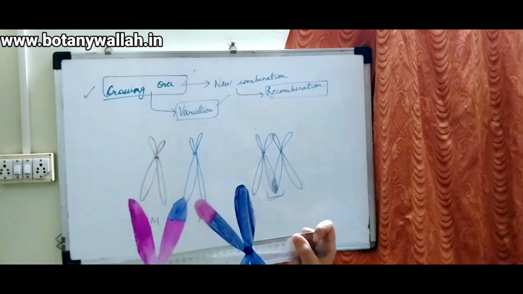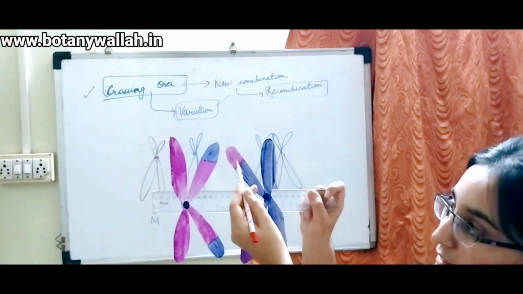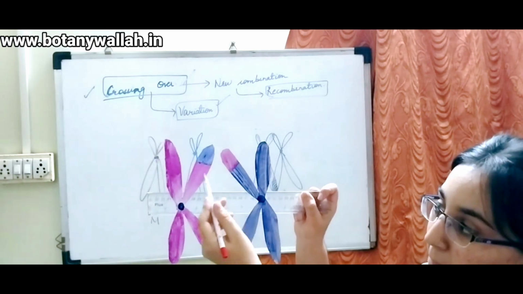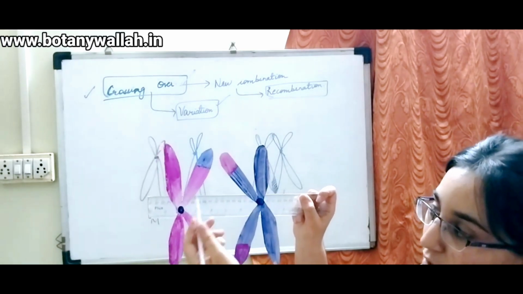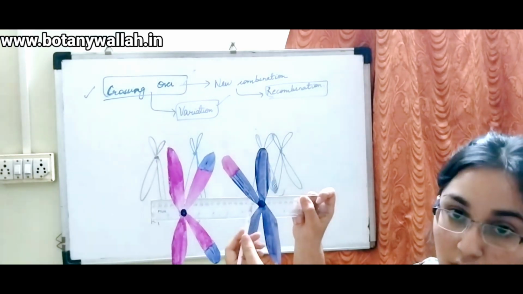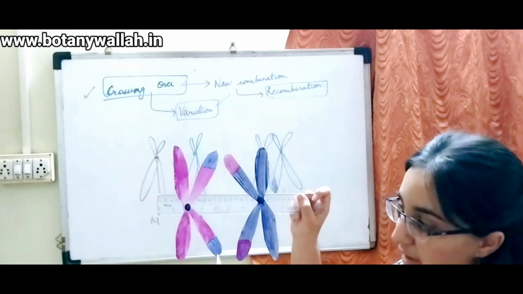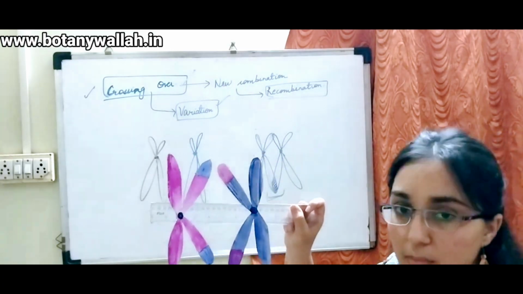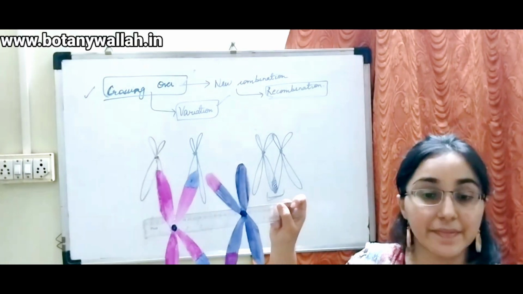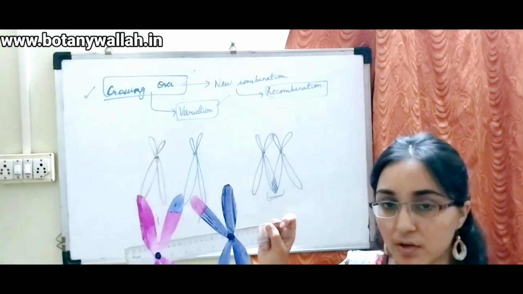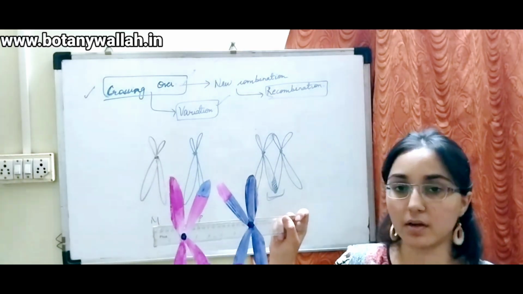If you can see here, this little part has come from the maternal chromosome, the pink chromosome, towards the paternal blue chromosome. Here also, the maternal chromosome has a blue part from the paternal side. This is a very important concept.